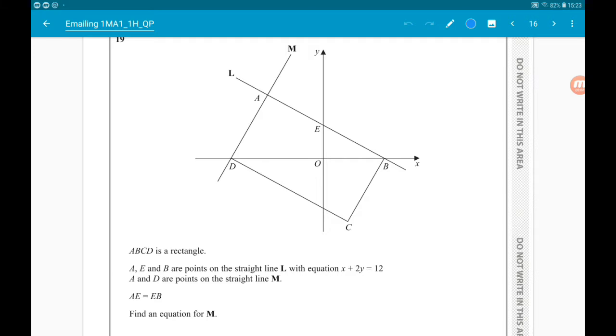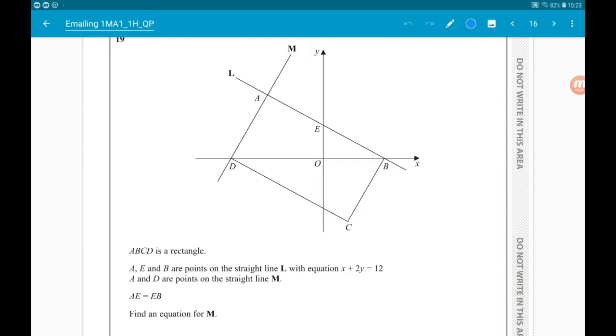So ABCD is a rectangle. A, E and B are points on the straight line L with equation x add 2y is equal to 12. We are told A and D are points on the straight line M. We are told AE is equal to EB.